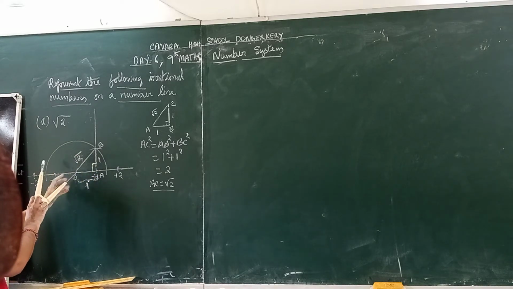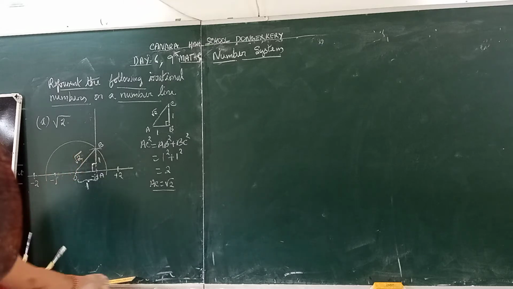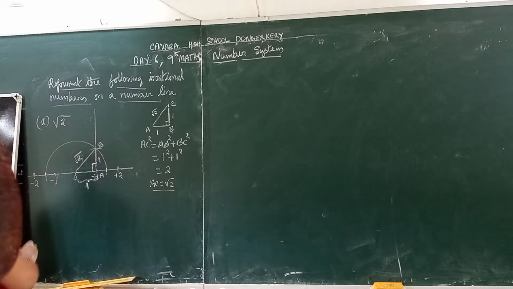See, compass center is 0. Draw a semicircle with 0B as radius. That is nothing but root 2. Now it cuts the number line at 2 points.